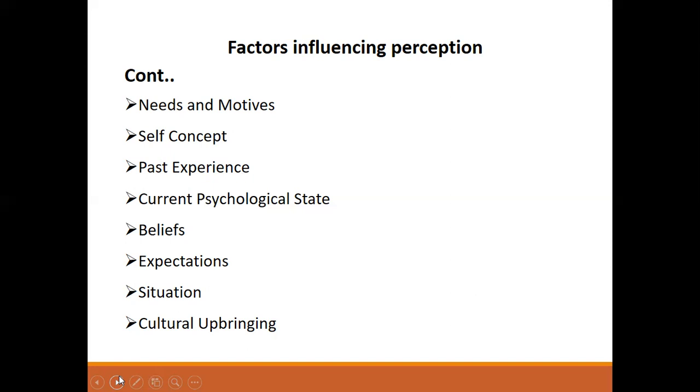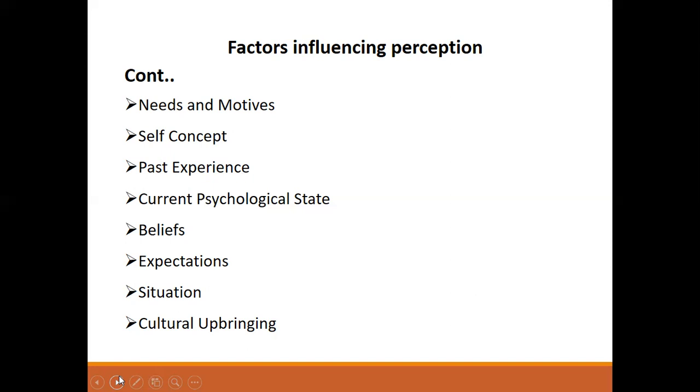If a person has been betrayed by a couple of friends in the past, he would tend to distrust a new friendship that he might be in the process of developing. So past experiences play a vital role in trust criteria: trusting others, trusting friends, trusting a spouse, everything.